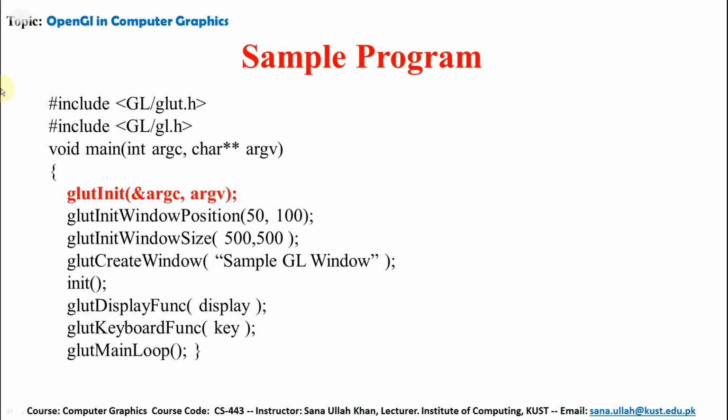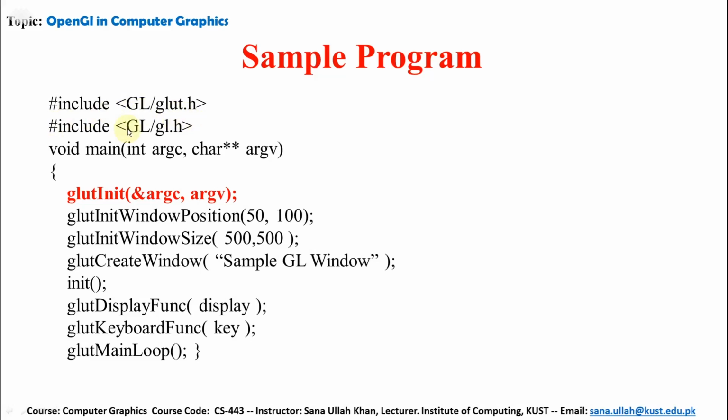There are header files used, just like in C++: iostream.h, stdio.h, and so on. For a graphics OpenGL program, these two libraries' header files are compulsory: #include <GL/glut.h> and then #include <GL/gl.h>.